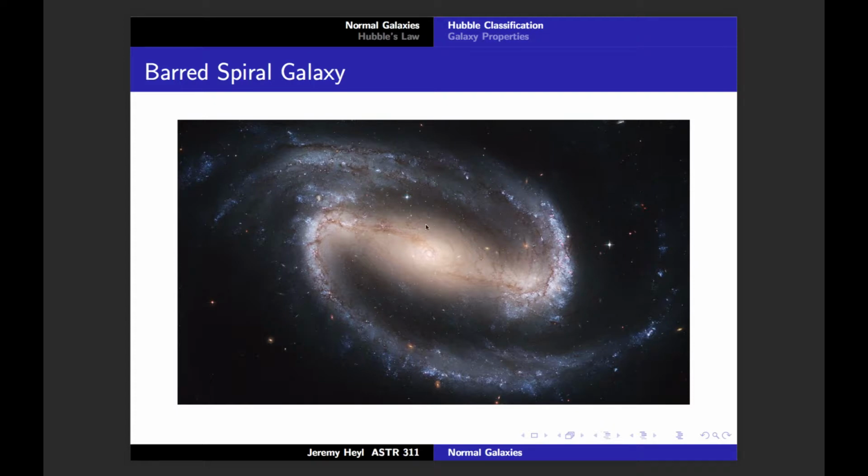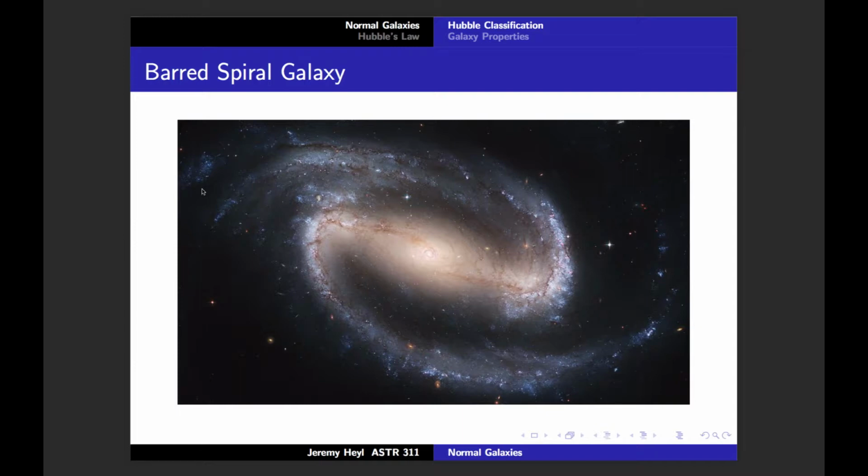This sort of roundish thing is the bulge. And then look here, you see these lines, right? All the dust is lined up. This is one part of the bar, another part of the bar, and then the spiral arms trail off the end of the bar. Again, this guy is forming stars quite dramatically.